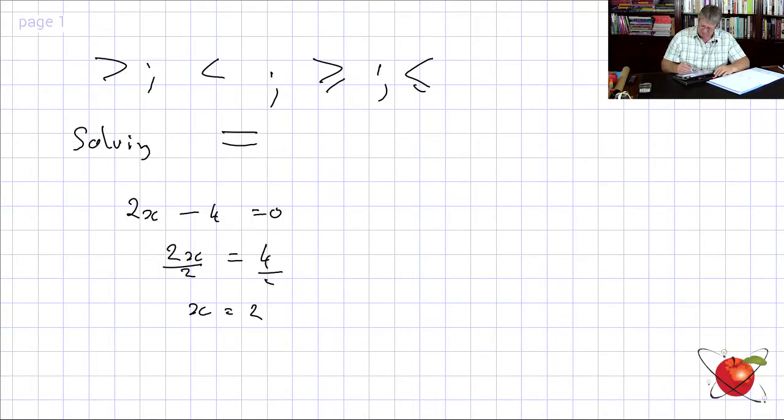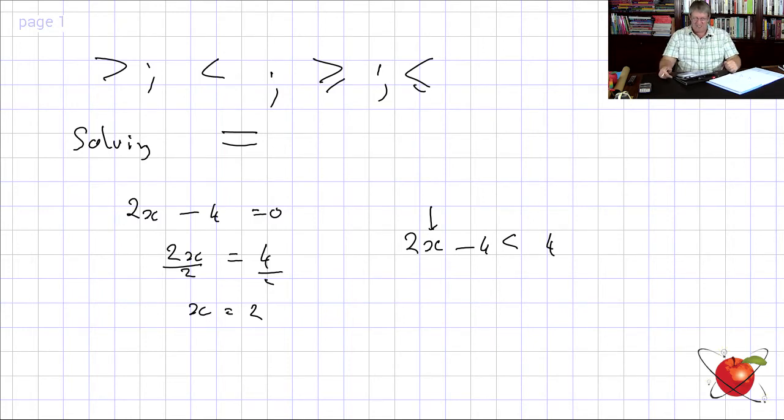Let us take this one, 2x minus 4, and let's say less than 4. In other words, any value of x is okay as long as it solves it when it's less than 4. So what do we do with these? Very simple. Treat it as if it's an equal sign.